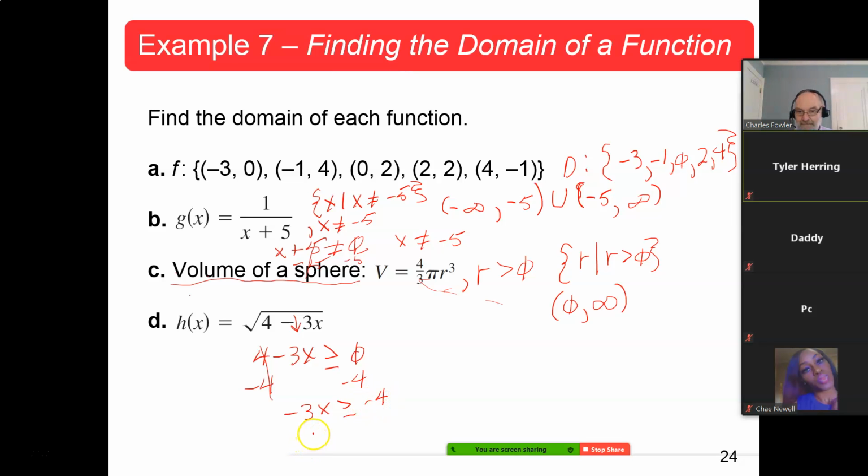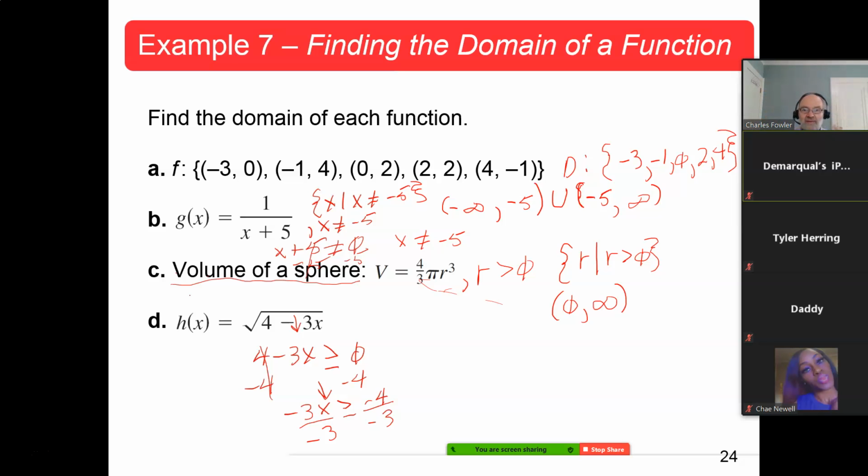Right? But we want to solve for x. So what do we do? Divide both sides by negative 3. Now, I don't know if you remember your rules for inequalities. If you add or subtract any number from both sides of an inequality, a positive number, negative number, whatever, it doesn't change the direction of the inequality.